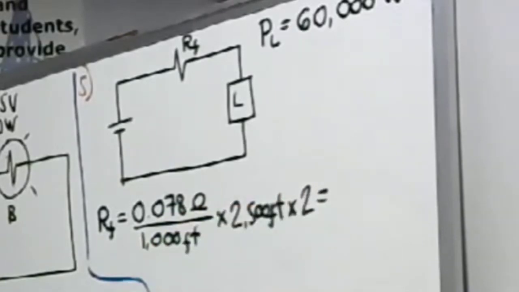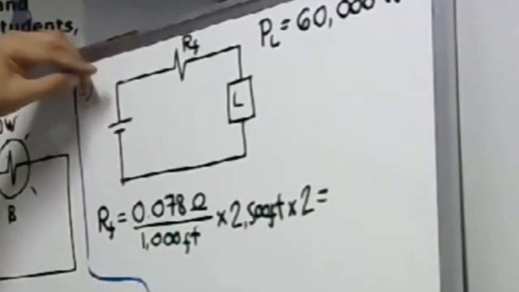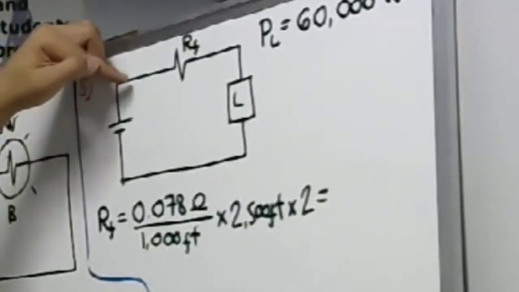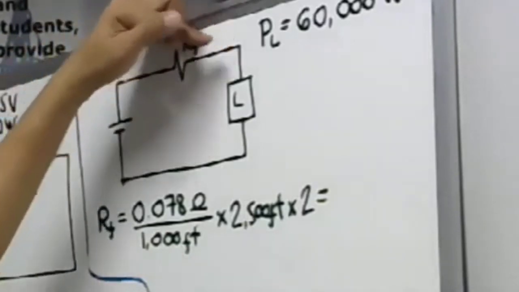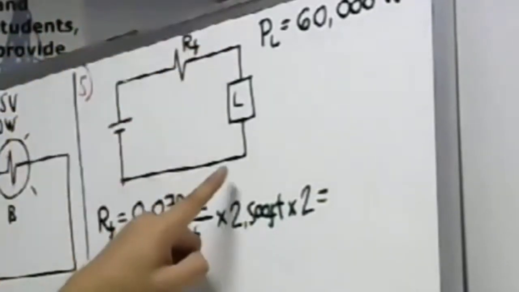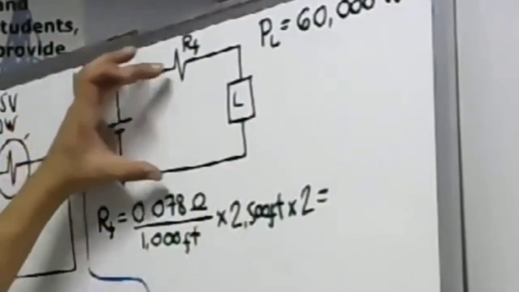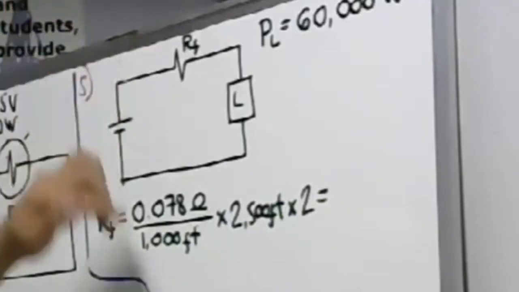Why? It's because we have the resistance of the wire on this side and also on this side, up and down. So we have two conductors, and we have to consider the resistance of each conductor.